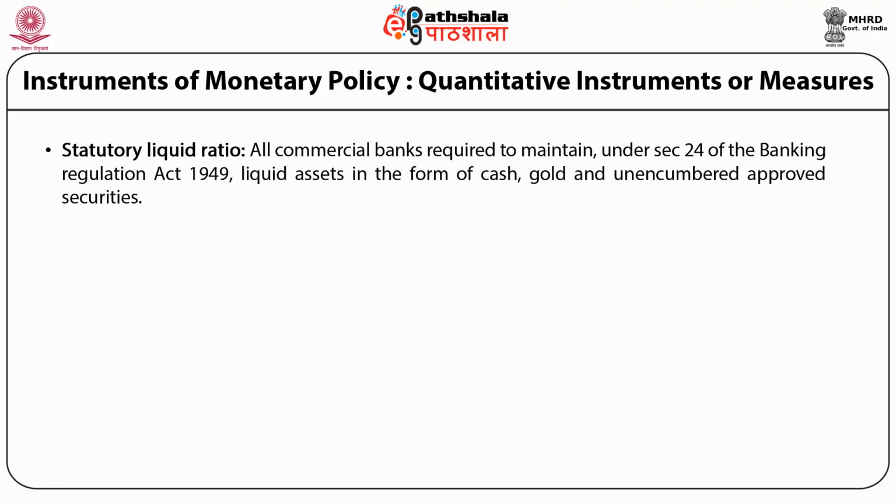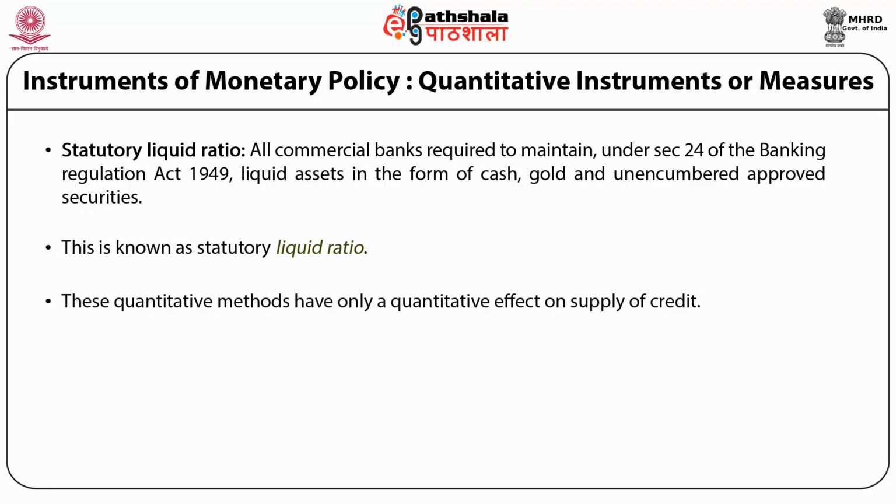Statutory liquid ratio. All commercial banks are required to maintain, under Section 24 of the Banking Regulation Act 1949, liquid assets in the form of cash, gold and other approved securities. This is known as statutory liquid ratio.